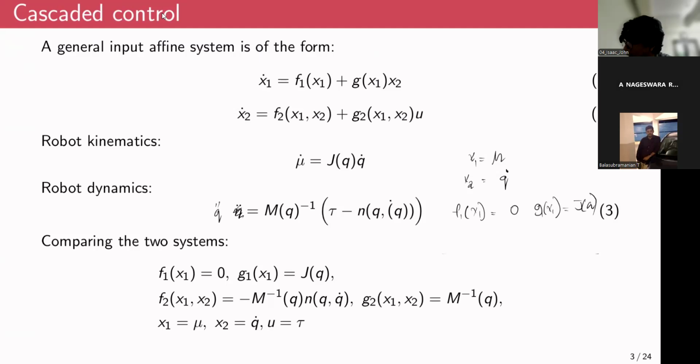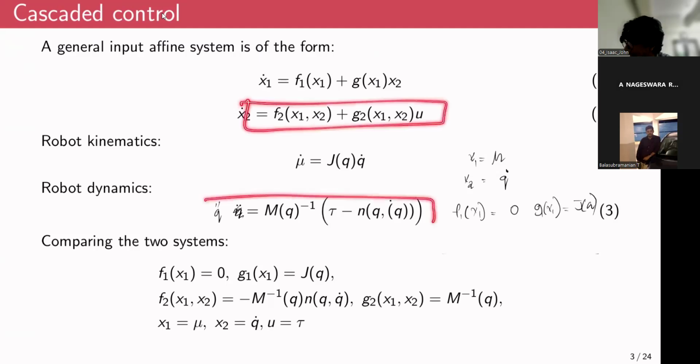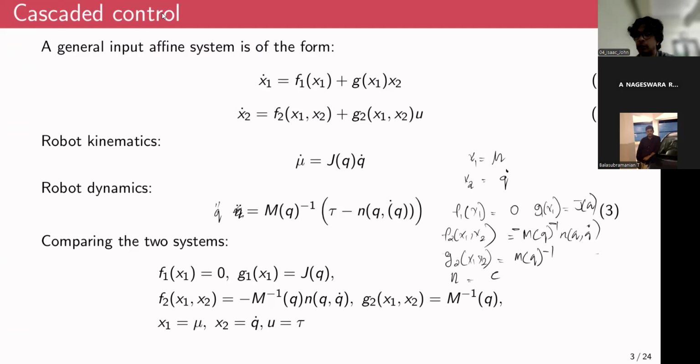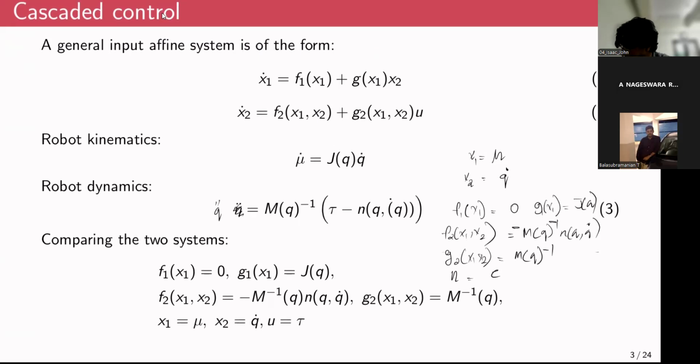And comparing the second equation 1b with this dynamic equations of motion, f2 of x1 comma x2 would essentially be negative M of q inverse N of q dot, and g2 of x1 comma x2 would be M of q inverse, and the control input u would be the vector tau, the actuation torque that you would be supplying into the motors.